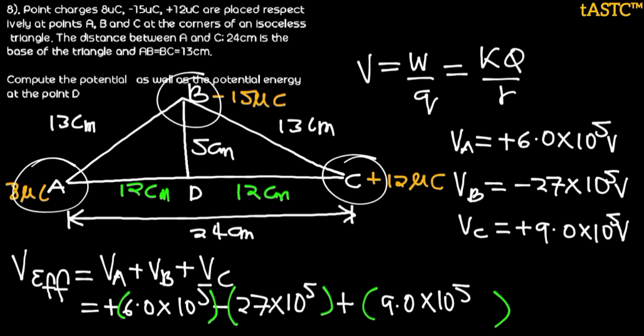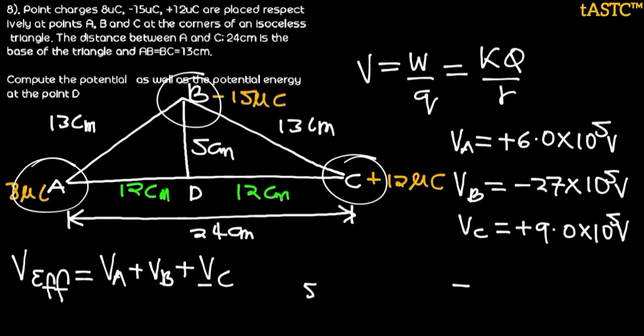So basically that should be 6 minus 27 plus 9.0. That gives us a minus 12. So the total or the resultant voltage is minus 12 multiplied by 10 to the power of 5 volts. This will be the answer.